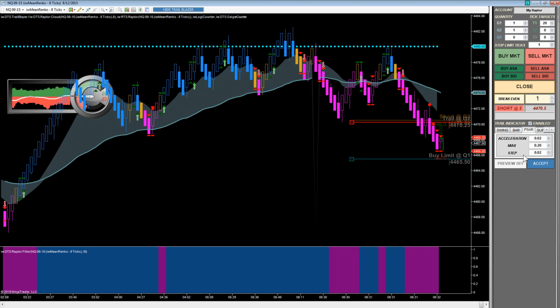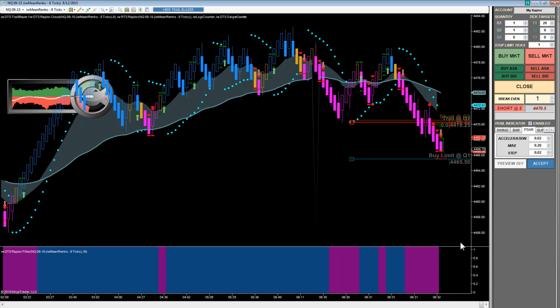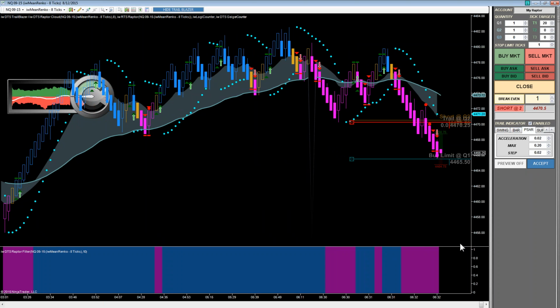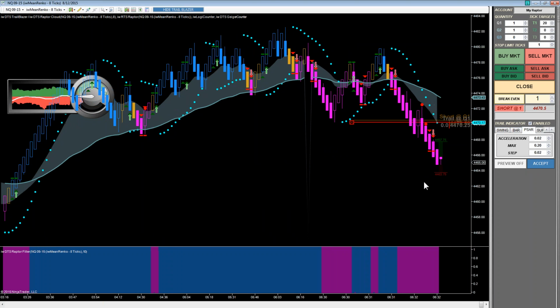I like parabolics. All right, so now we're in parabolic mode, hopefully about to hit our first profit target. Hooray! And now we've got a runner in play. So let's see whether or not the market will fall off here a little bit and whether parabolics will allow us to take this market a little bit lower.